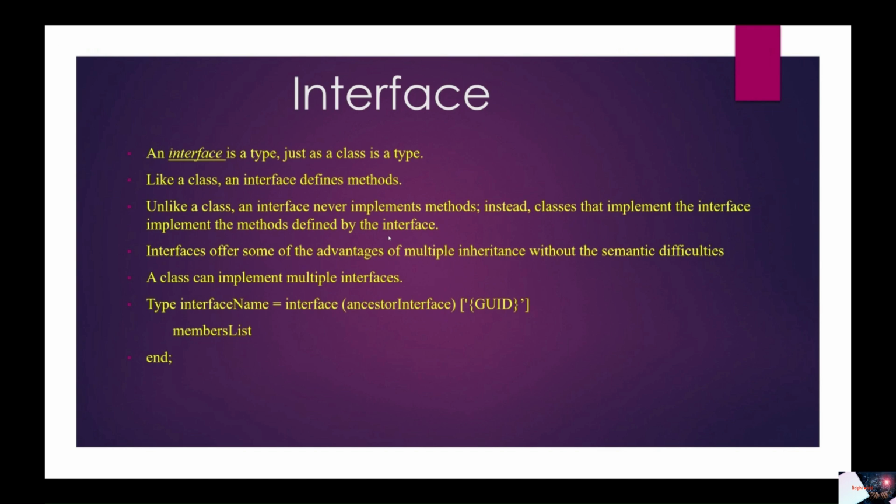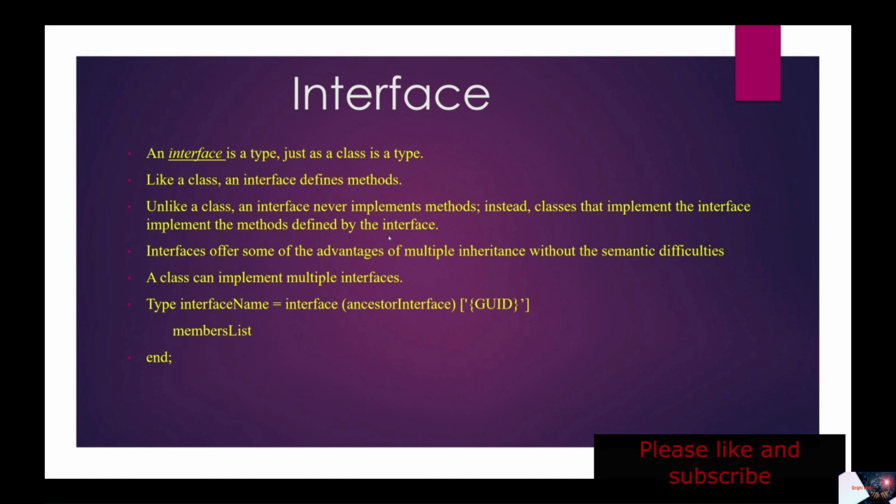What is the interface? How to use it? We'll take one example to understand the interface implementation in Delphi. The interface is a type, just like a class is a type. Like a class, an interface also has methods, and whenever we implement or inherit an interface into a class, we have to give the definition of all the methods that are available in the interface.